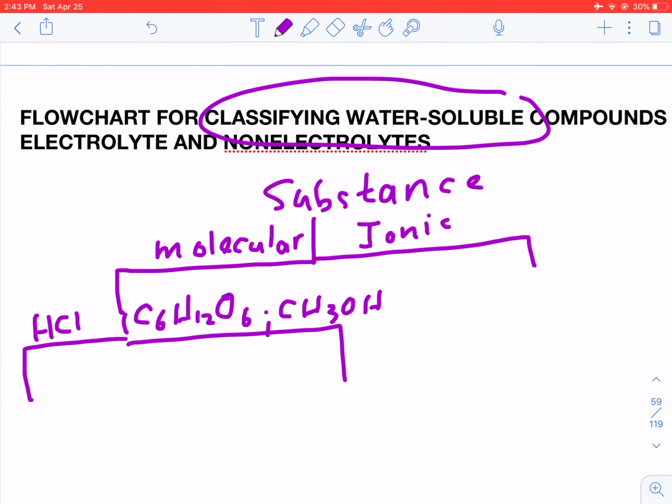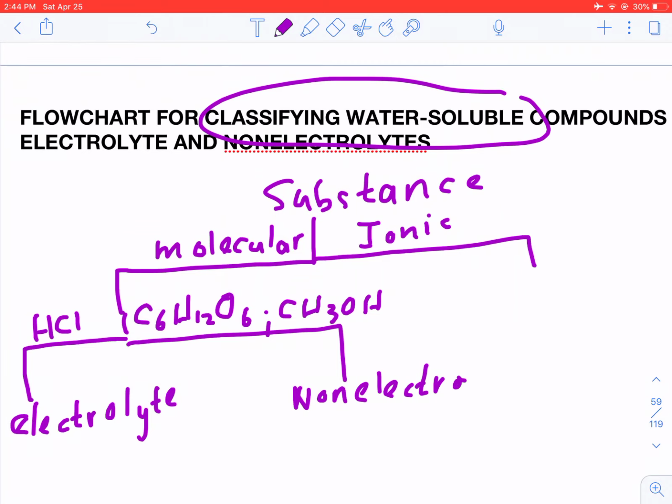And what we know, if it's a molecular substance and it dissolves in water, here it's going to form an electrolyte. And here these form non-electrolytes, right? And here in this case it forms an electrolyte.